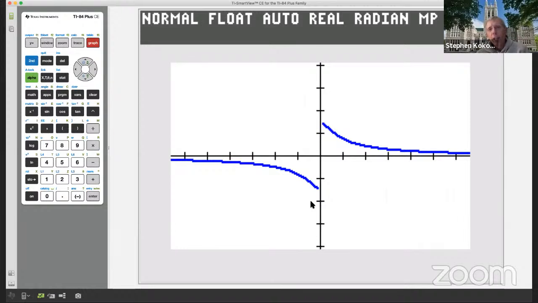Well, I think what we would end up needing to do is add pi over 2 to this part of the graph. Or no, actually we would add pi, excuse me. And so if we did a split defined function, then we could get that graph of the inverse cotangent there.